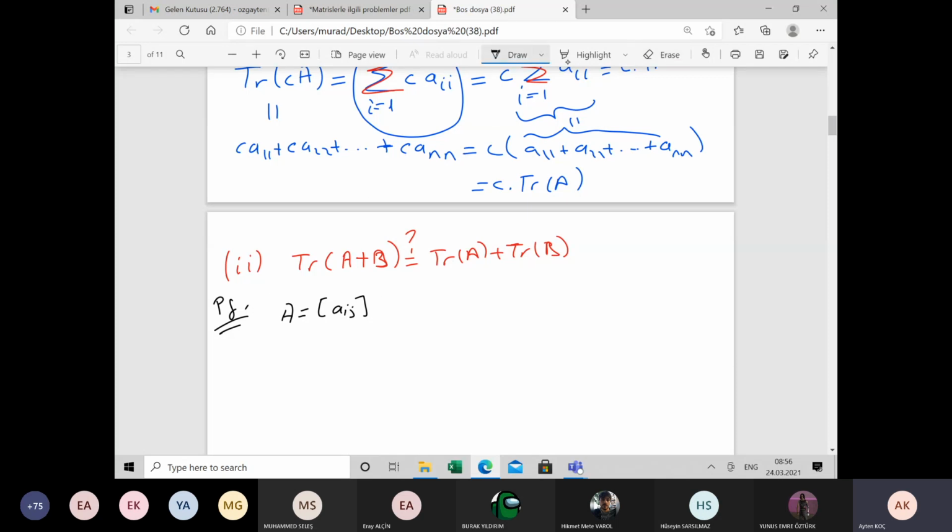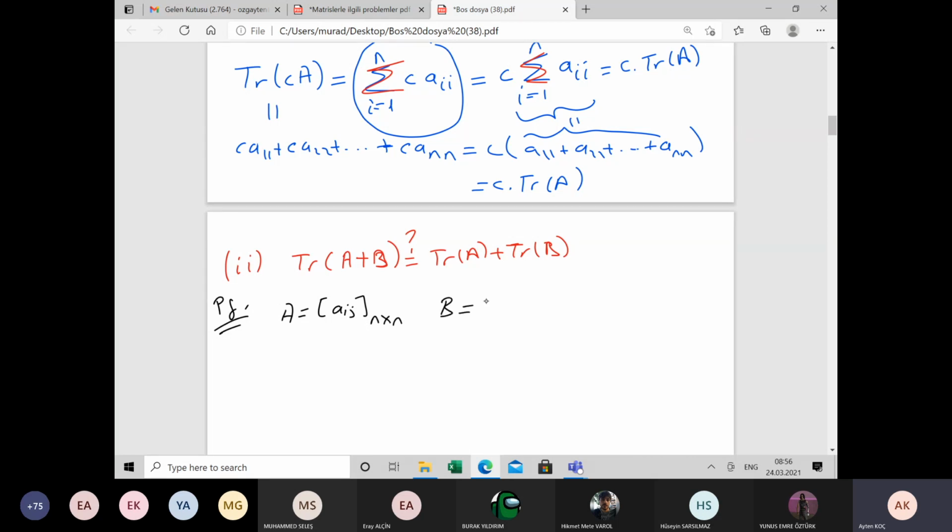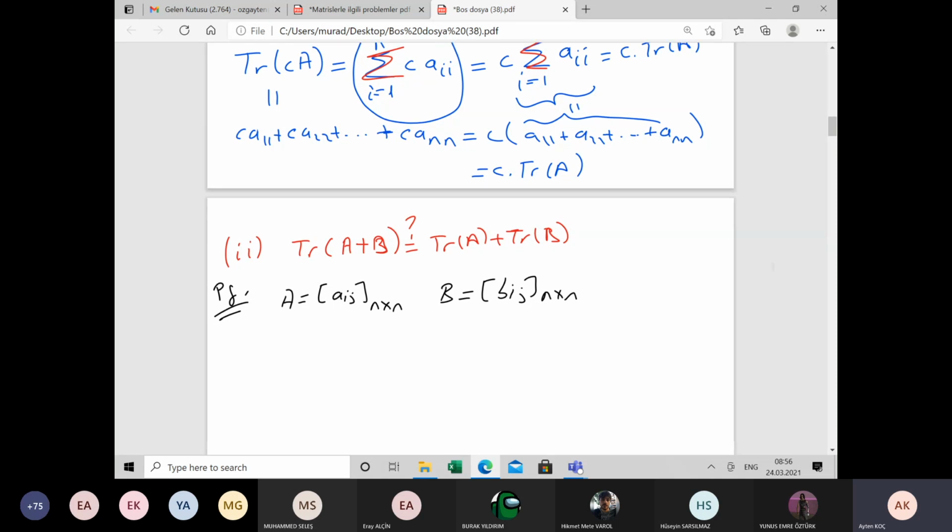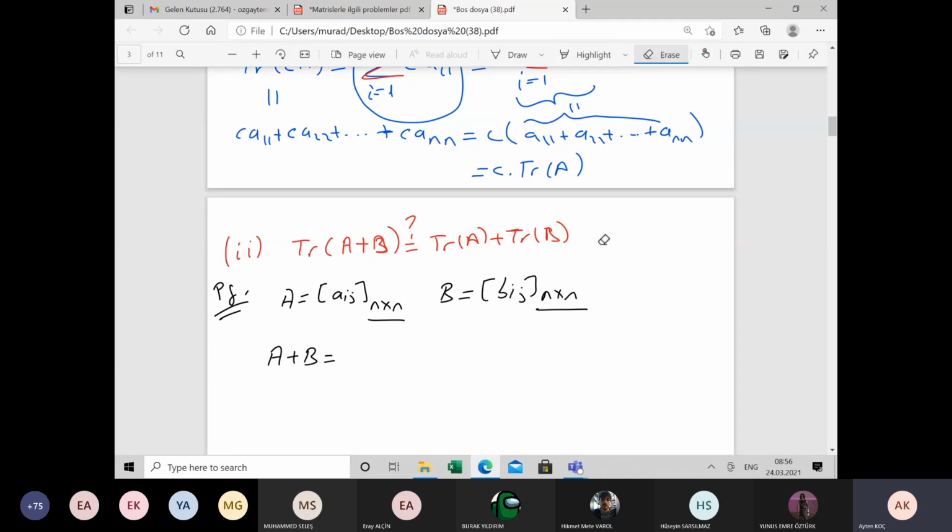So A and B should be square and have the same row and column dimension, n by n, for example. B is an n by n matrix. What's the addition of two matrices? This one is n by n, this one is n by n, so our matrix should be n by n.